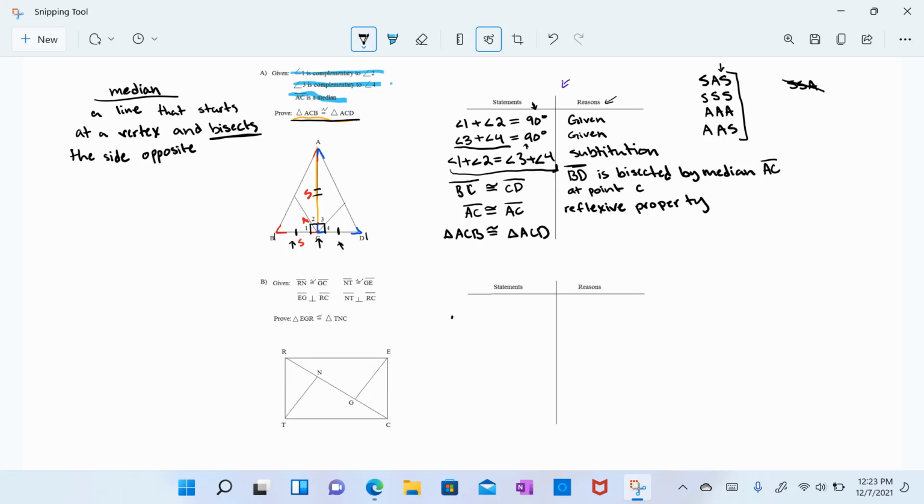And what we're going to put for our reason is the side-angle-side congruence postulate. And we've completed our proof.